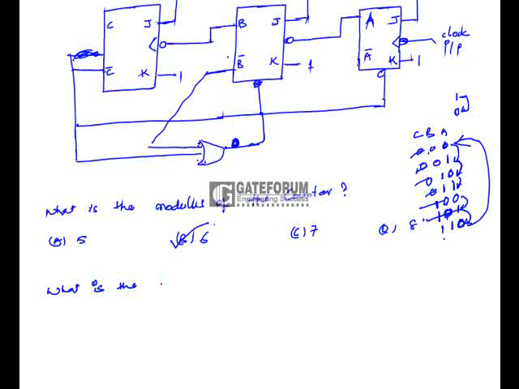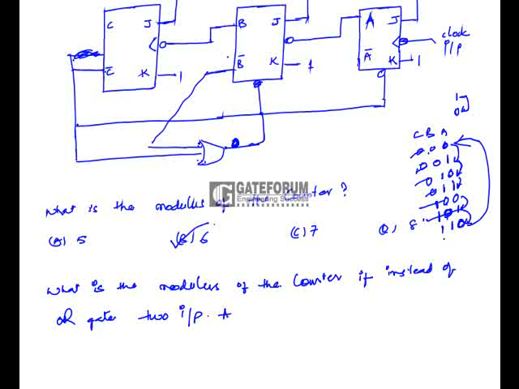what is the modulus of the counter if, instead of the OR gate, a 2 input AND gate is used to clear the JK flip-flops.